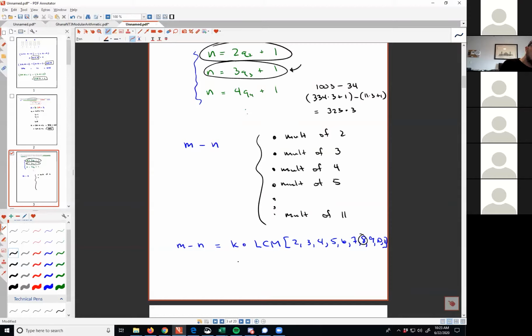Well, we've got to have at least 3 powers of 2, at least 2 powers of 3, a power of 5, a power of 7, a power of 11. Anything else, or are we done?